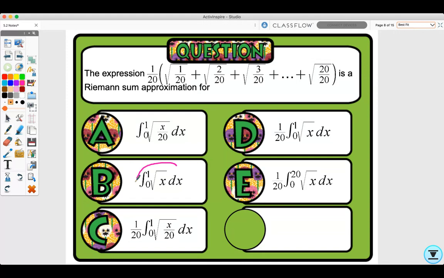Hopefully you chose B. This is the interval width with a right rectangular approximation method. There are 20 subintervals, and each subinterval has width 1 over 20. So my integral will go from 0 to 1 of the square root of x.